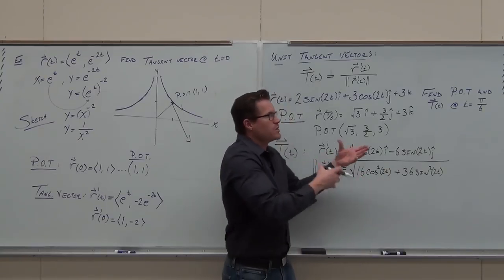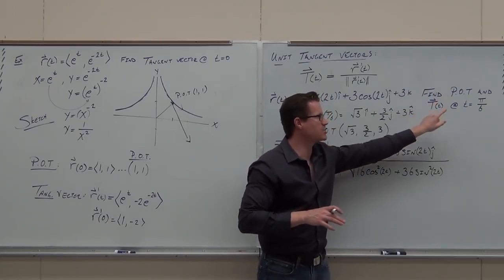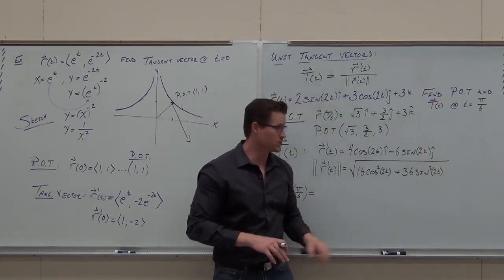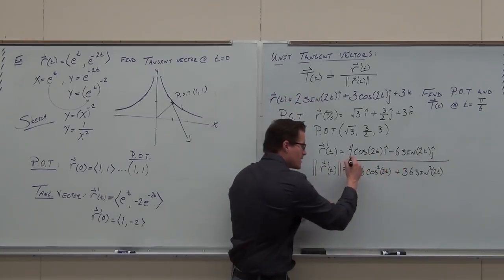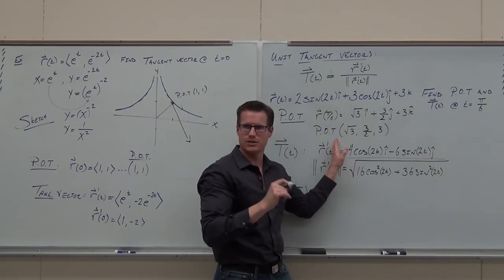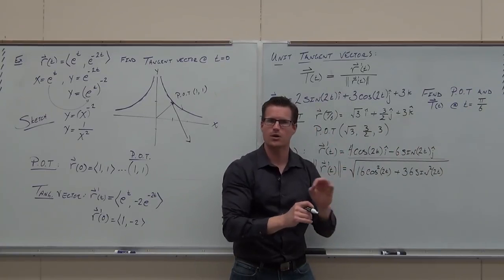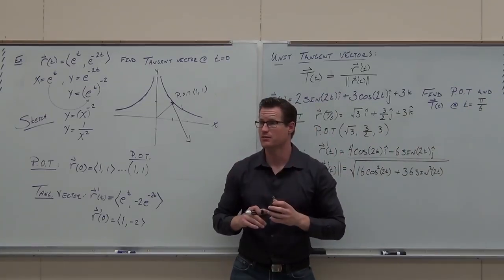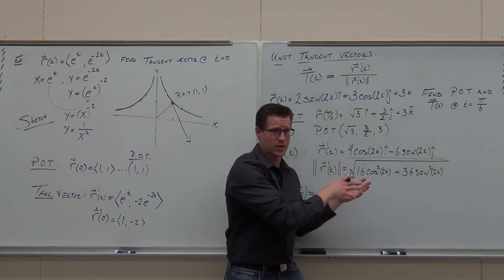But if I were doing just this, and I wanted just the unit tangent at pi over 6, you know what I would do? Did this make sense to you? That fraction is the formula for the unit tangent. If you want to plug in pi over 6 to all of this junk and work it out, you're going to get the same exact thing, and I'm going to give it to you a slightly easier way. But I wanted to show it to you now because we're going to have to do it eventually.